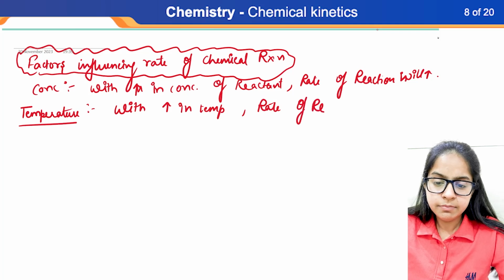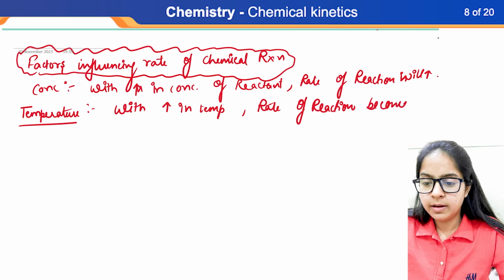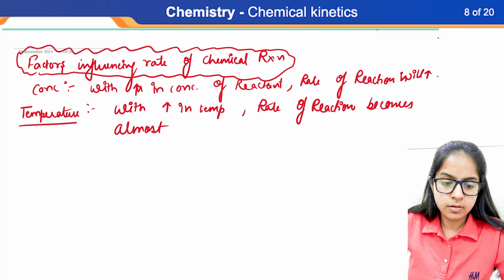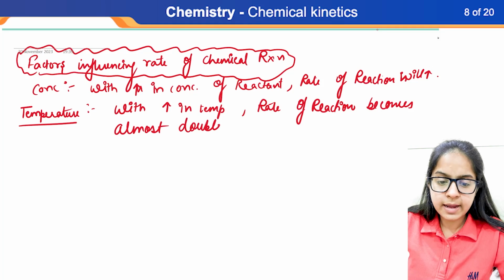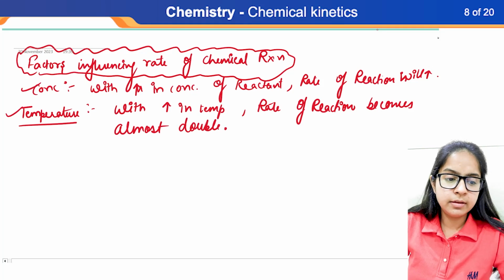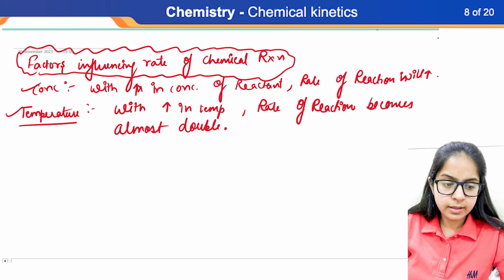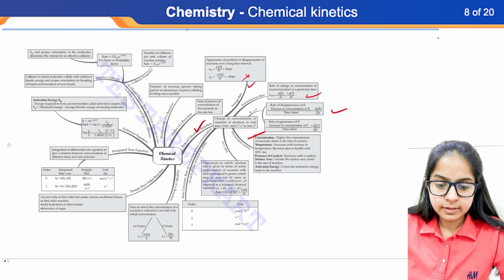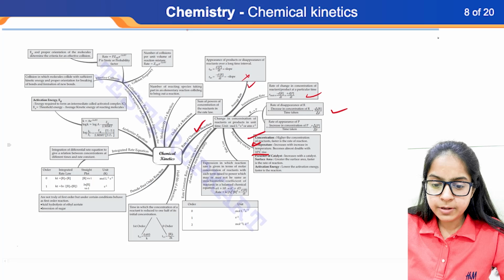It means the reaction is going to get faster in the high temperature range than in the low temperature range. Okay, this is the temperature. With a 10-degree rise in temperature, the reaction rate almost becomes double.